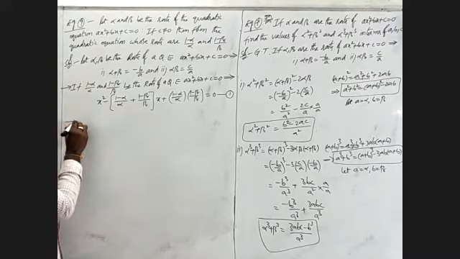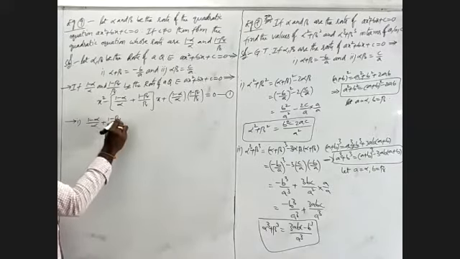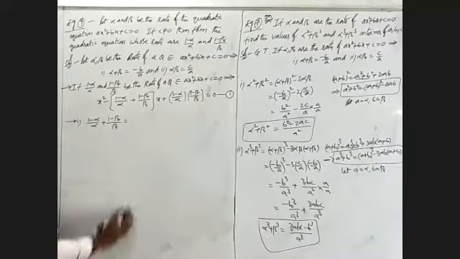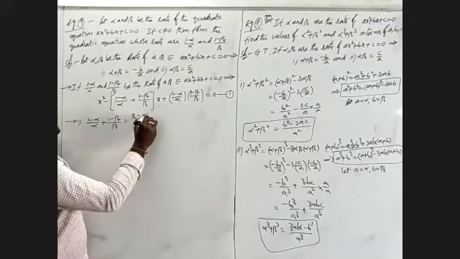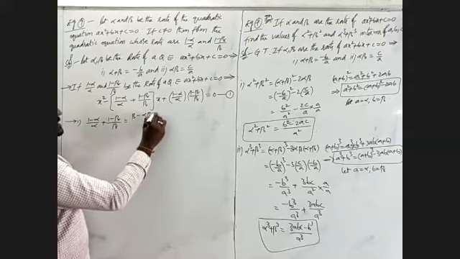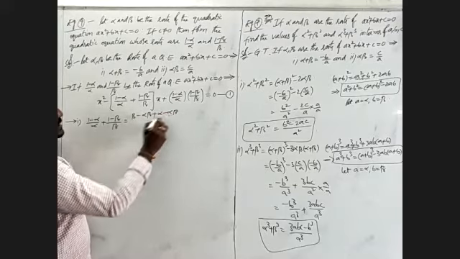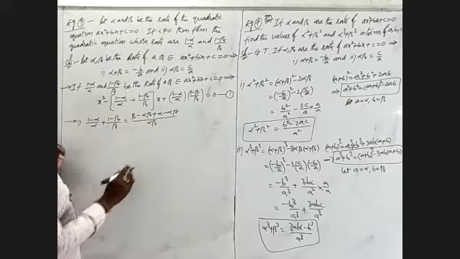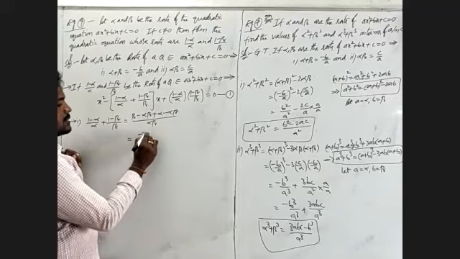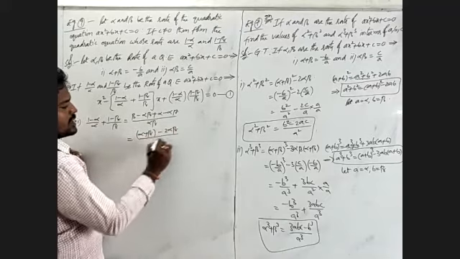First we'll find 1 minus alpha by alpha plus 1 minus beta by beta. By using cross multiplication, that is beta minus alpha beta plus alpha minus alpha beta, by the denominator alpha beta. That is alpha plus beta minus 2 alpha beta by alpha beta.